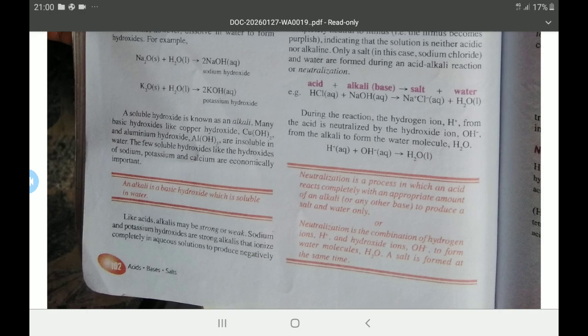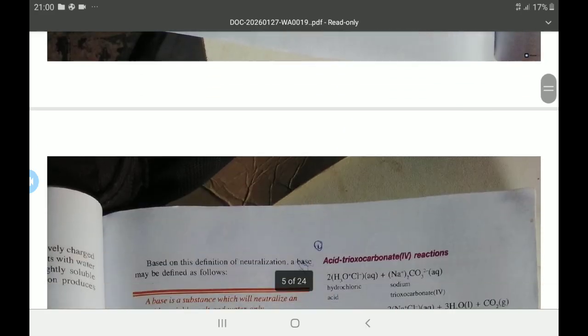Or neutralization is a combination of hydrogen ion and hydroxide ion to form water molecules, H2O. A salt is formed at the same time. So you can define it also as the combination of hydrogen ion and hydroxide ion to form water molecules and salts. That's awesome, right? Let's carry on.